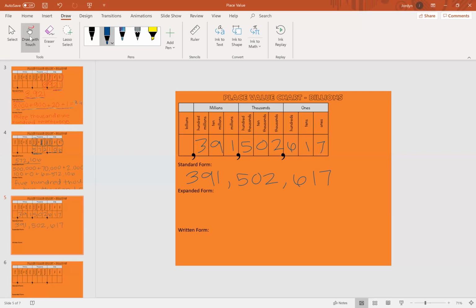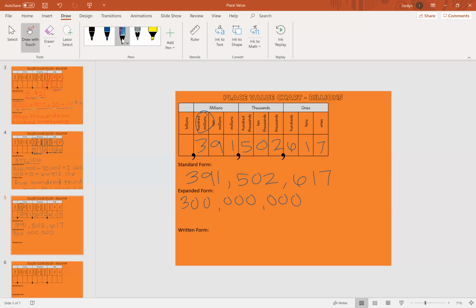So now let's do the expanded form. We start with the largest place value, which is the 100 millions. So how much is 300 millions? It's exactly what you said. 300 millions. Look at all those zeros. Wow. How do you know how many zeros to put?